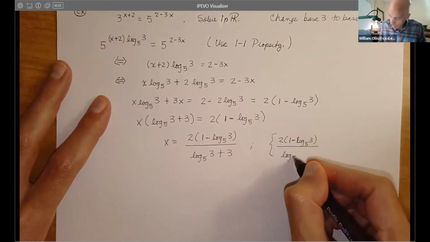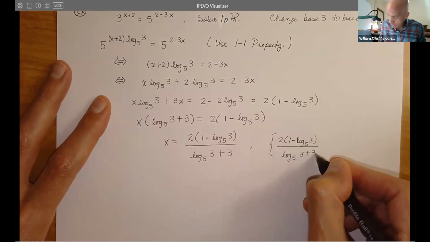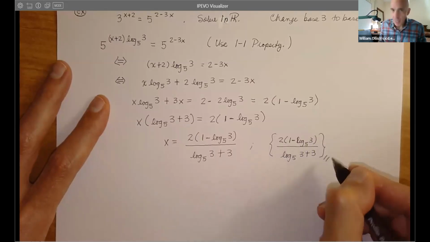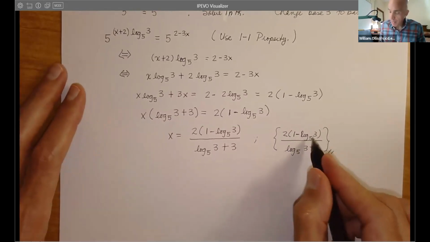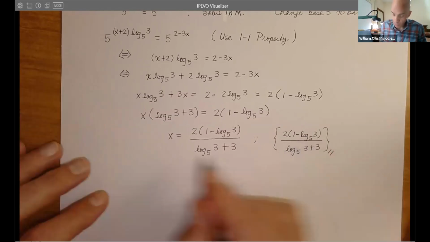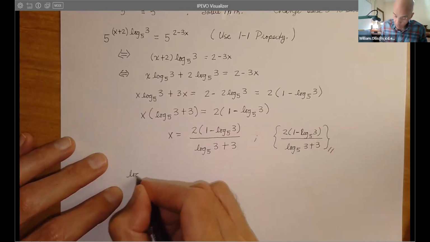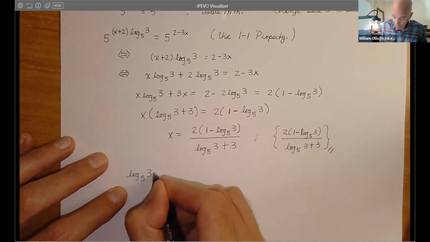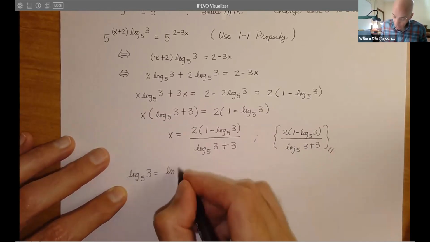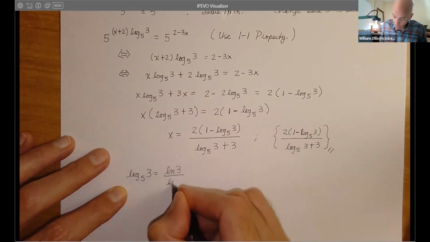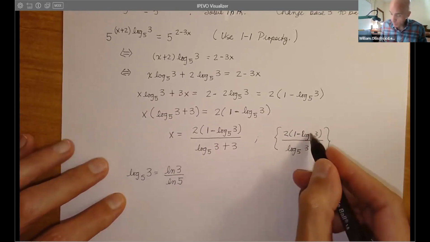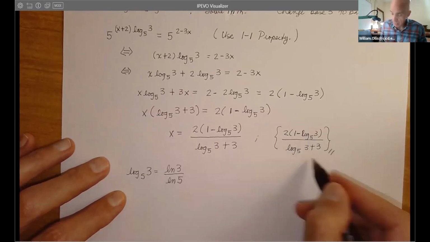So base 5 logarithm of 3 plus 3. And of course, if you need to approximate the base 5 logarithm of 3, so base 5 logarithm of 3 equals natural log of 3 divided by natural log of 5. So you could just replace this term with this, and you're good to go.